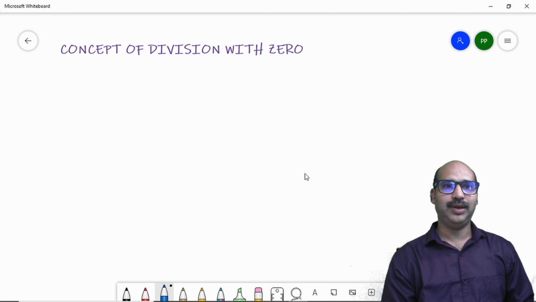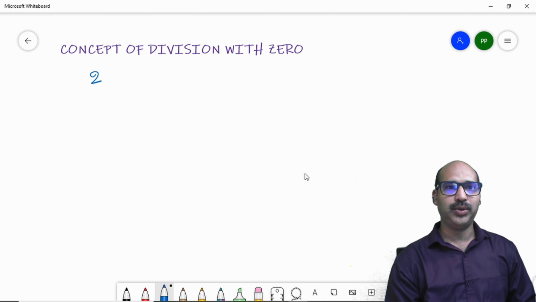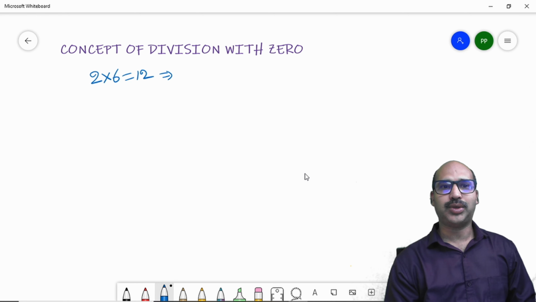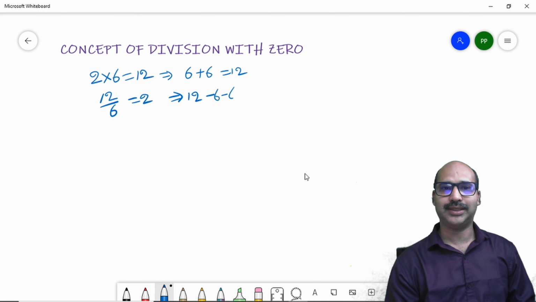For example, we can consider 2 into 6, which is equal to 12. This means 6 added 2 times: 1 time, 2 times, which is equal to 12. Now consider 12 divided by 6, which is equal to 2. That means 12 minus 6 is equal to 6, and minus 6 again is equal to 0.